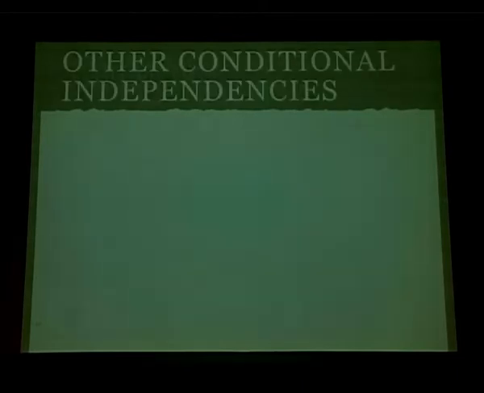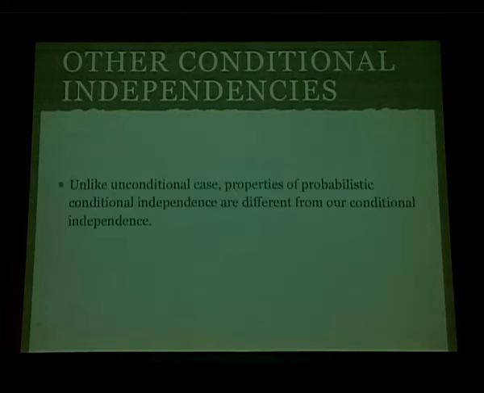If you remember the beginning of my talk, you can ask, what about the other independence relations, like in probability theory, in game theory, or in concurrency? Well, for probability theory, once you go to conditional independence, my type of independence and probabilistic independence become different.